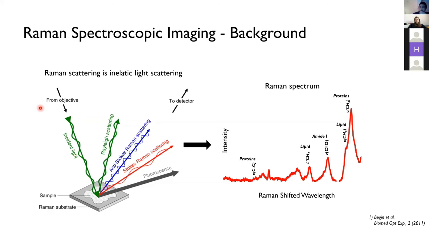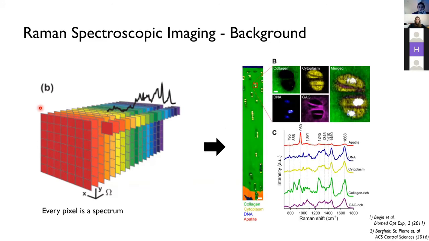So then, combined with point scanning lasers, we can generate biomolecular maps of the samples, where each pixel is basically one of these spectra that I just showed you. And this has been a focus in the Stevens group for the last decade. Here is an example of what a Raman image can look like, and this is obtained from cartilage tissue and was published in 2016. So why would this be interesting in zebrafish embryos?